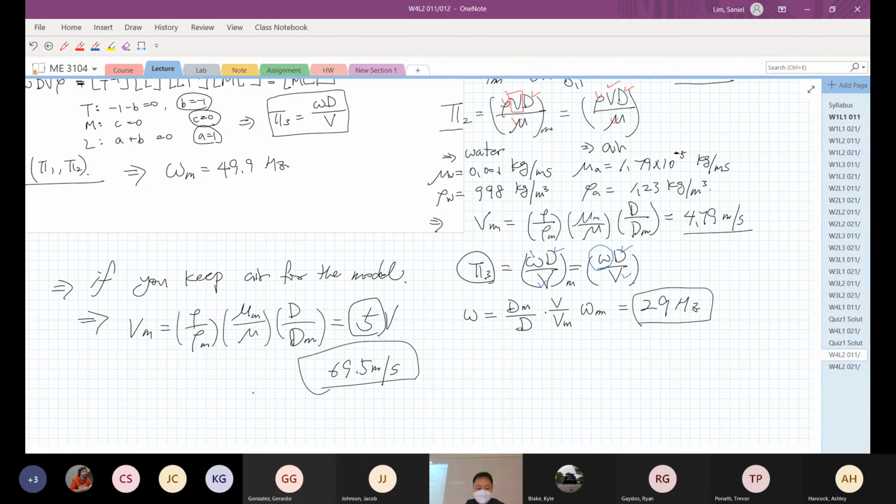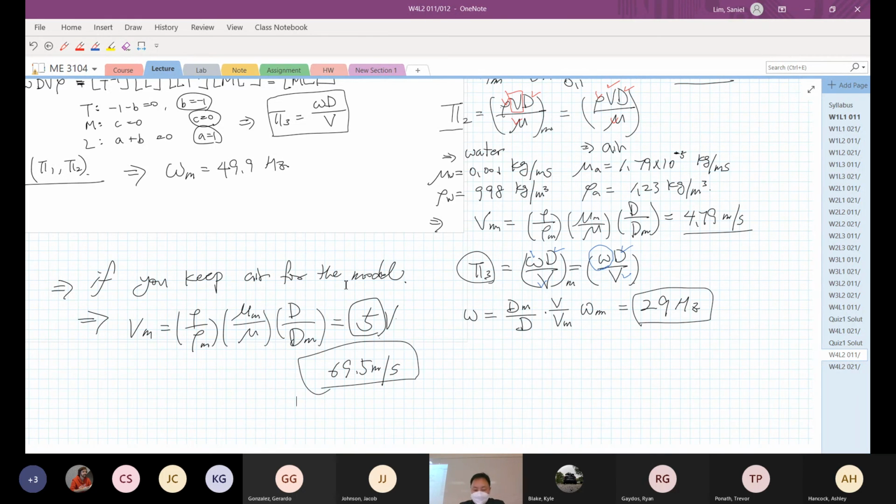Even if you scale down, sometimes the velocity is increased significantly in the model. The purpose of the lab and model is we are trying to simplify the model to make the measurement easier. But if the velocity is much higher than we expected, we have to use fancy data boards, fancy equipment to measure at the millisecond or microsecond scale.